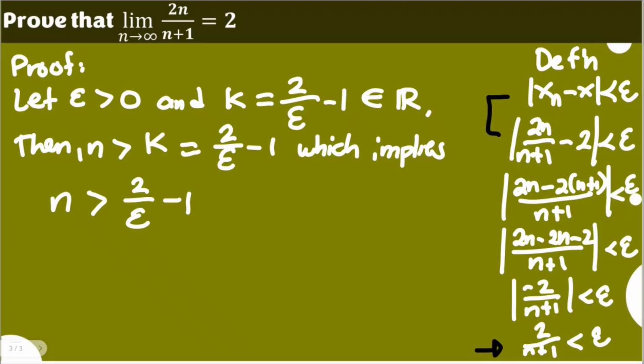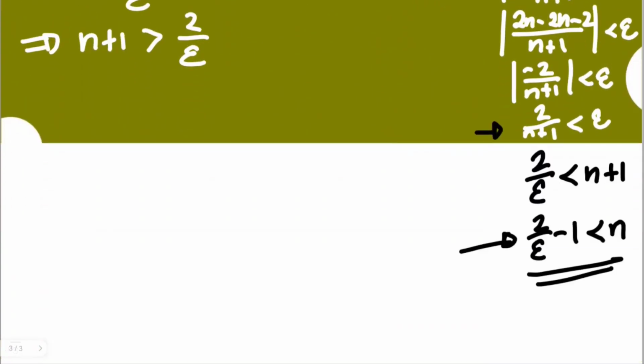Now from this, we can simply rearrange or manipulate this expression so that we get an expression equivalent to epsilon. So we have n plus 1 greater than 2 over epsilon. You could see that it is almost similar to what happened at the bottom, but of course that was done as scratch work, to guarantee that we know what our target is.